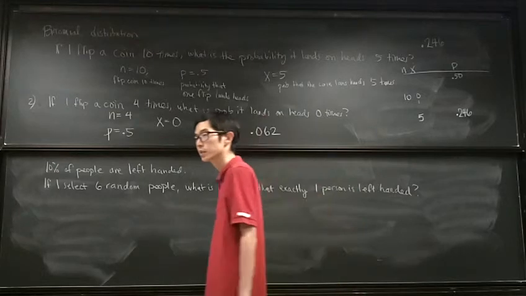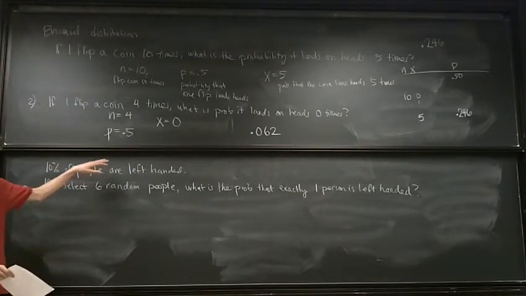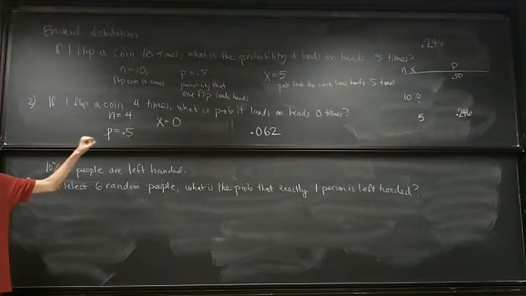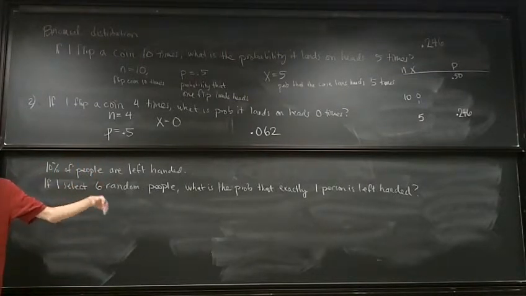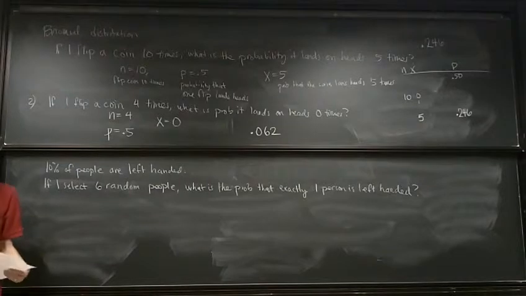Can you see how this is also a binomial problem? Because here I'm selecting 6 people at random, the probability that any one of them is left-handed is 10%. And I'm asking, what's the probability that exactly one person is left-handed?